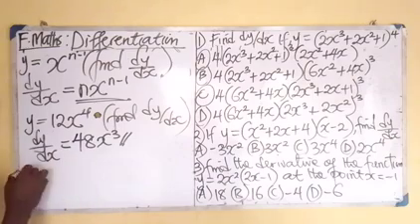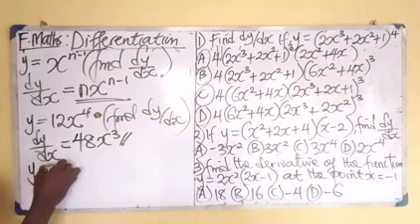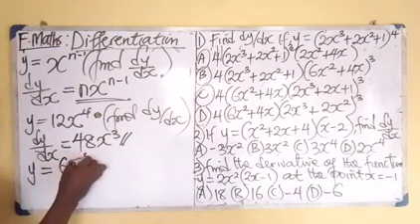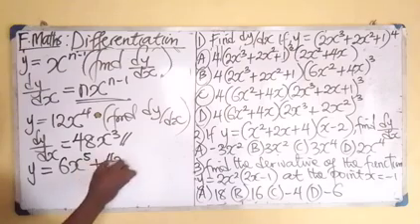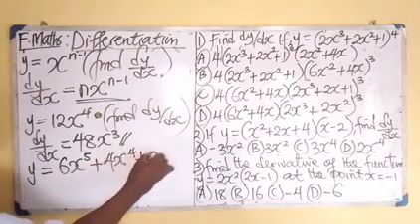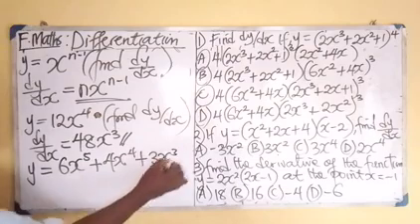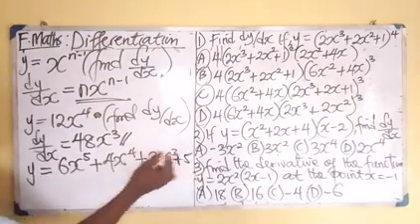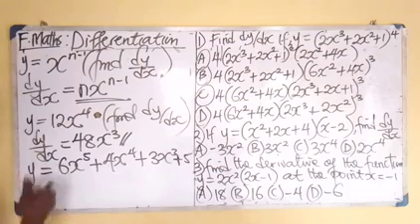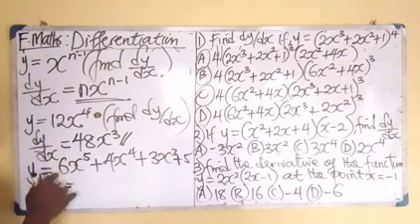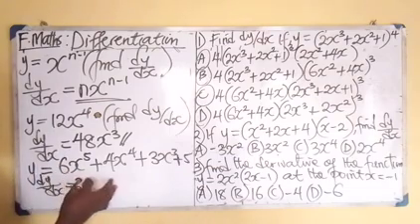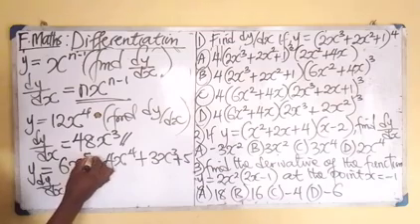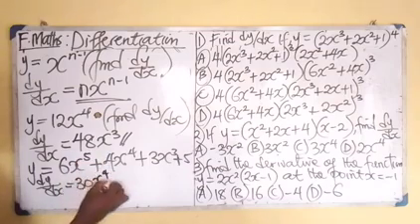Very simple. Case 2. I'm having maybe 6x^5 plus 4x^4 plus 3x^3 plus 5. How do I differentiate this? Very, very easy. I'll say dy over dx equal to 5 times 6, I have 30, so I'll subtract 1 from the power, I'll be having x^4.